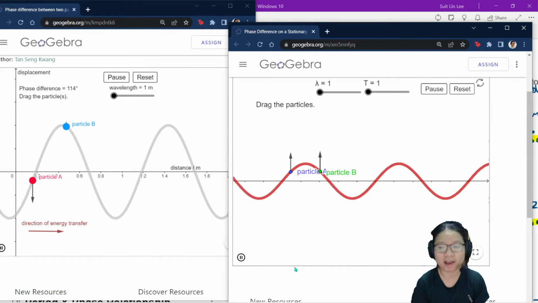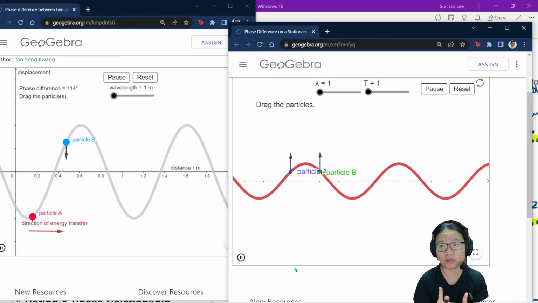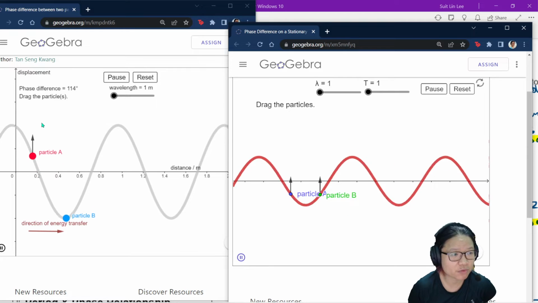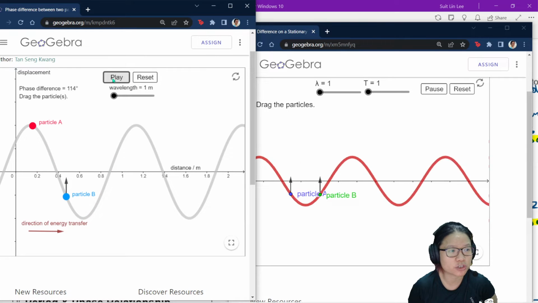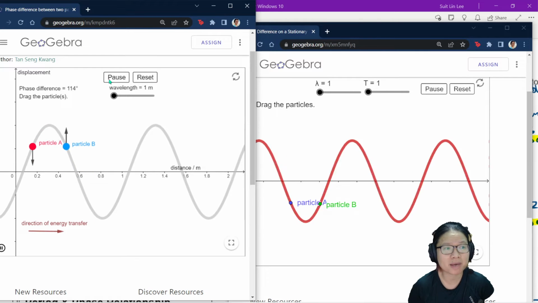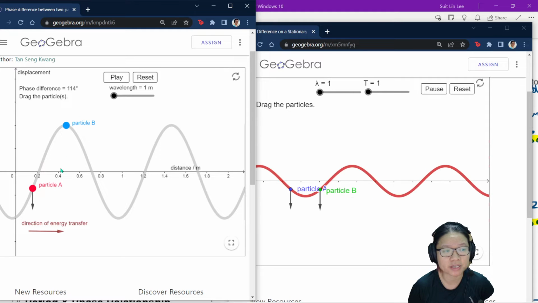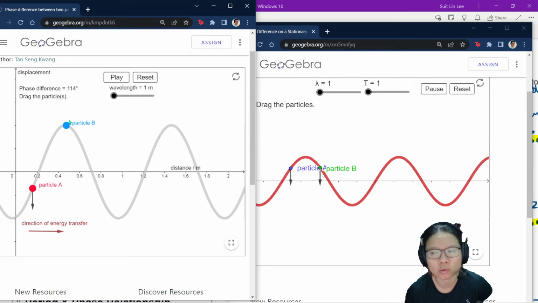And I want you to look carefully first at the first drawing, which is the gray color progressive wave. For this progressive wave, you realize that the highest position of particle A is here, and it will be the same as the highest position of particle B, because amplitude is the distance measured from the equilibrium position to the highest point, or lowest point.